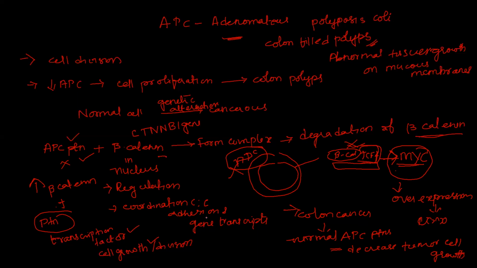So what the researchers did is, per individual who is suffering from colon cancer, they actually introduced normal APC proteins into their system, which actually had a very good effect by reducing the tumor cell growth.